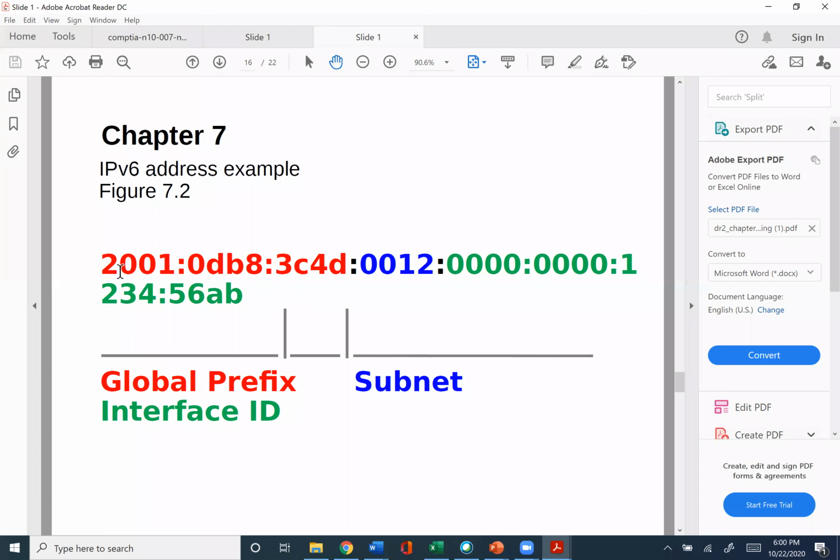It looks like, for example, 2001:0db8. Now there's a rule, and the only thing they will ask you about v6 is to tell us how the representation works, right? How do you represent the IPv6?